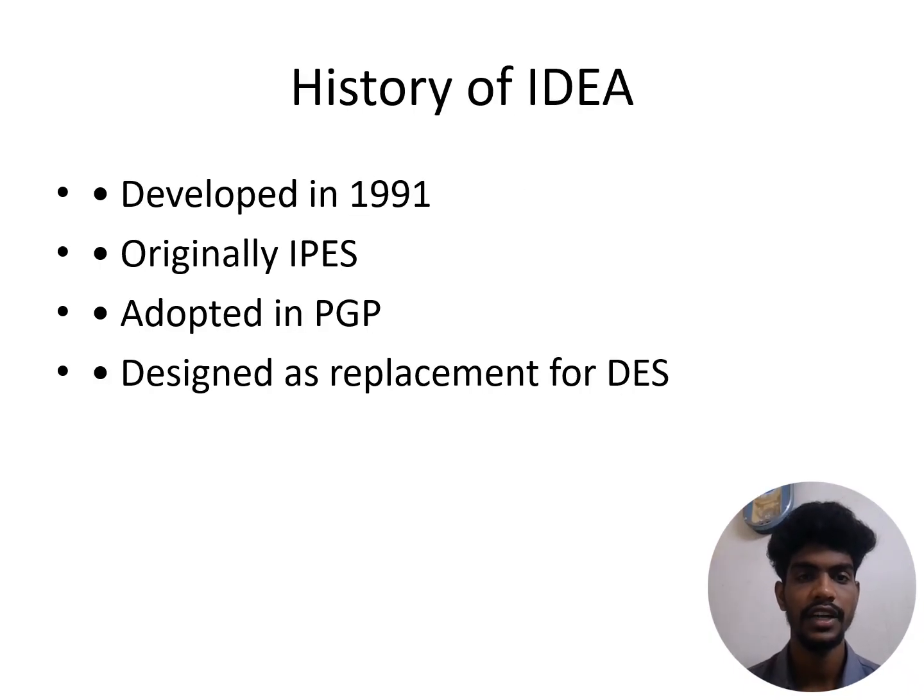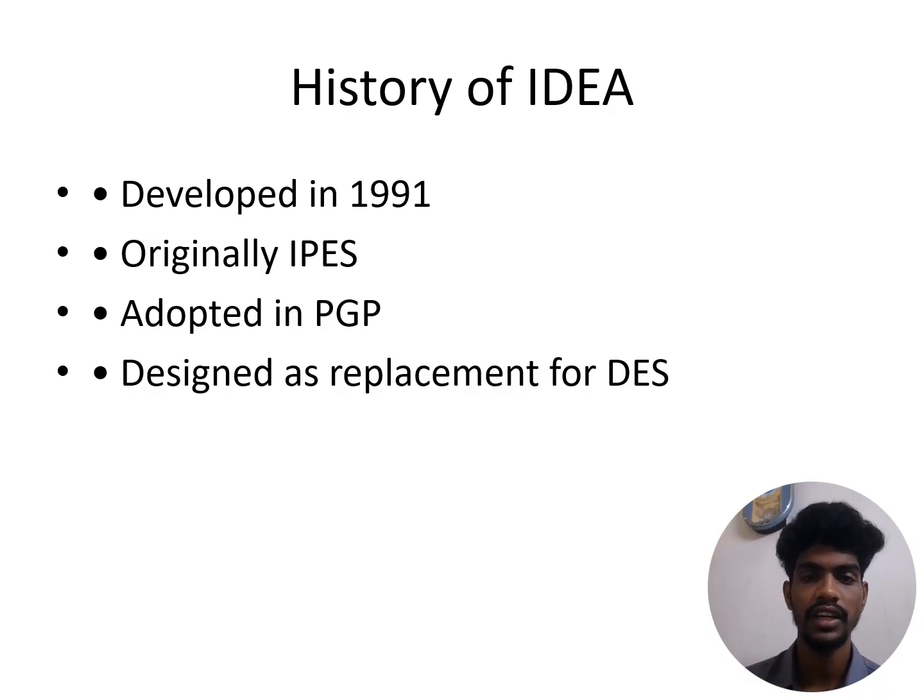History of IDEA algorithm. IDEA was created in 1991 by James Massey and Xuejia Lai. Initially, it was called IPES, Improved Proposed Encryption Standard, and was intended to replace the older DES algorithm.